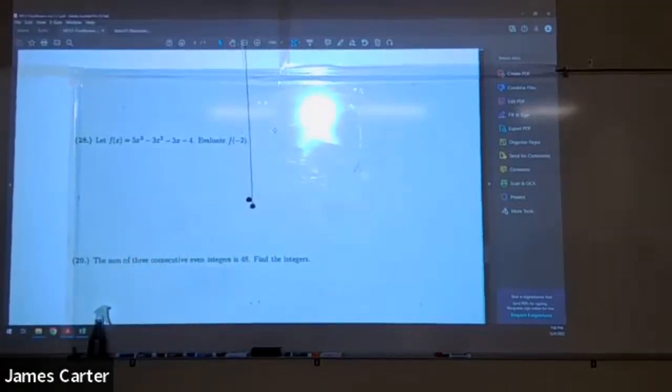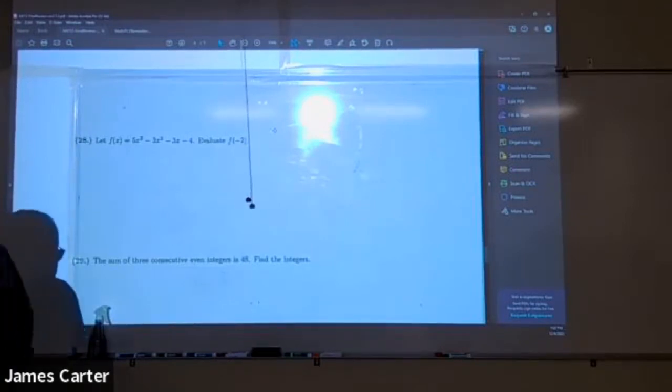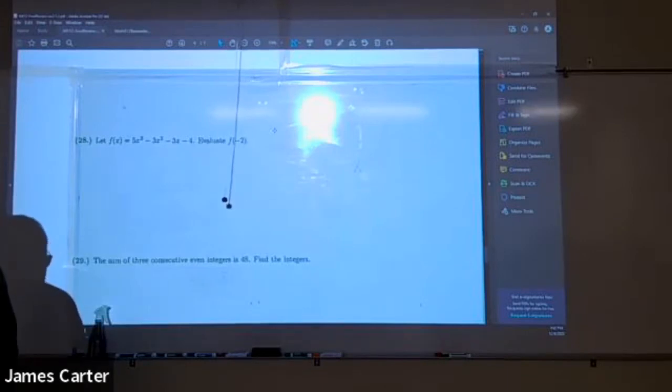Okay, let f of x equal 5x cubed minus 3x squared minus 3x minus 4. Evaluate f of -2. What does that mean? That means replace x with -2.